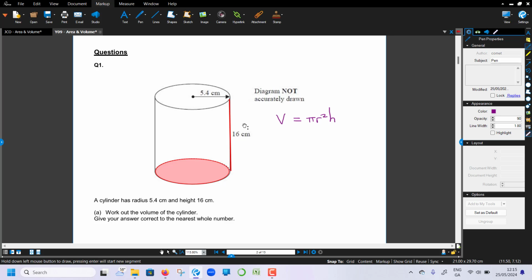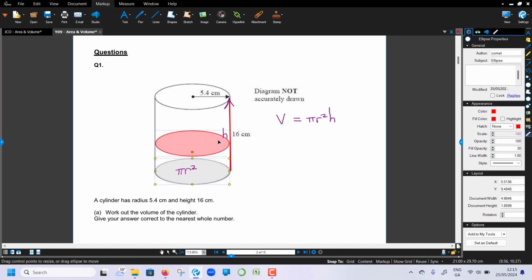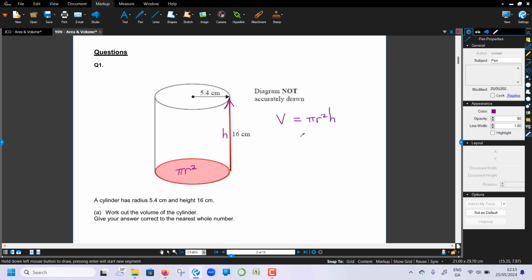We're going to drag that all the way up to here. So this is pi r squared, and you're dragging it up that height. So that's why it's pi r squared h, all right? Anyway, let's get on with it.